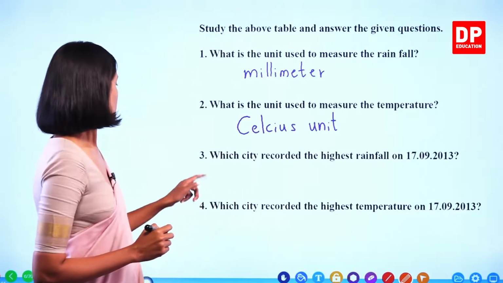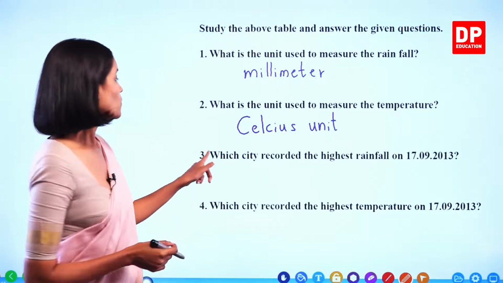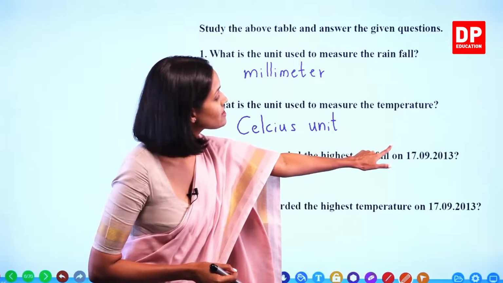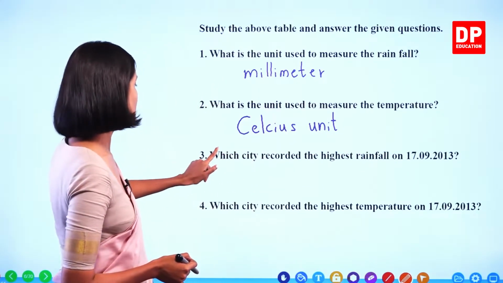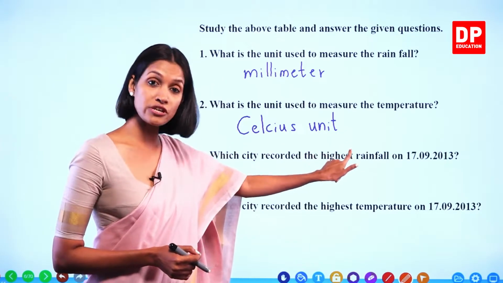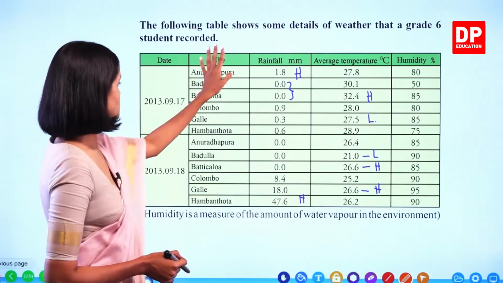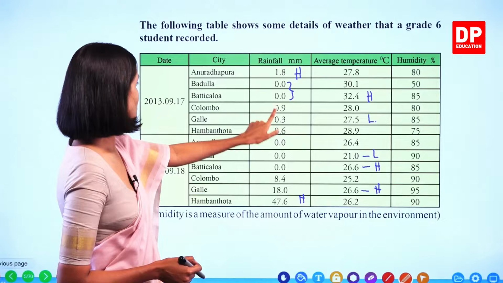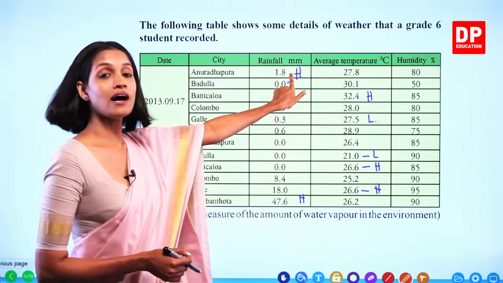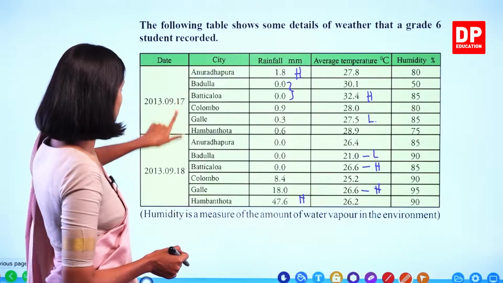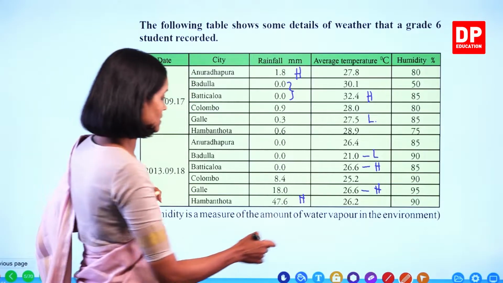Third one. Which city recorded the highest rainfall on 17th? Which means the first day? Look at this one. Highest rainfall was recorded in Anuradhapura. 17th, this is 18, this is 17.